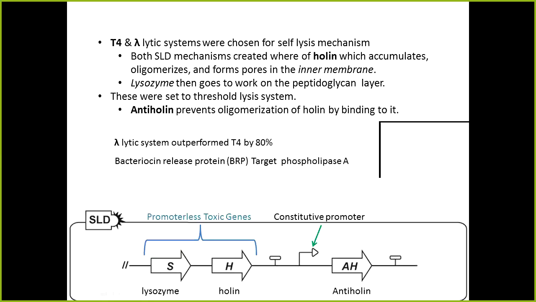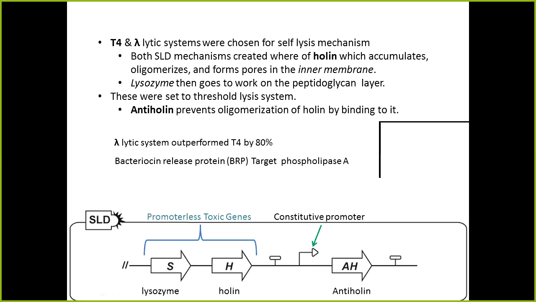Does anyone understand why there was a threshold set on the whole system? Well, I think they wanted to prevent unwanted extra lysis. So that's where the antiholin comes in, I think, but I'm not sure about the details. So I had a question here.